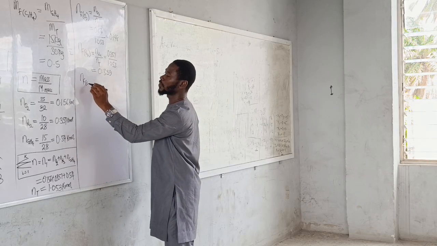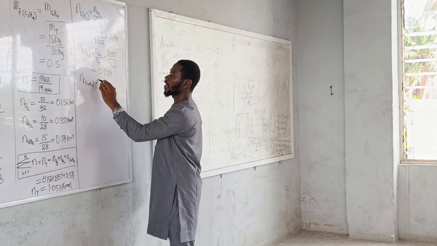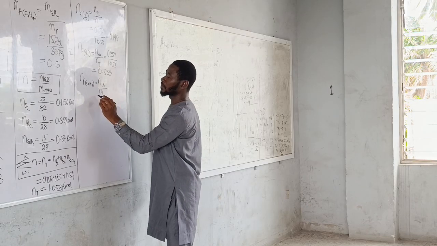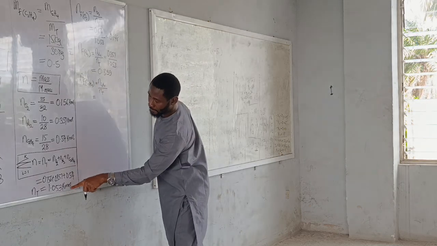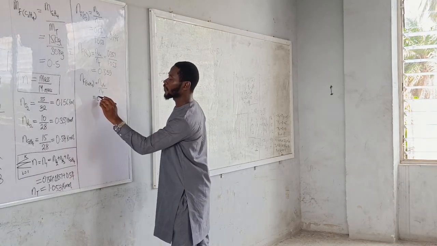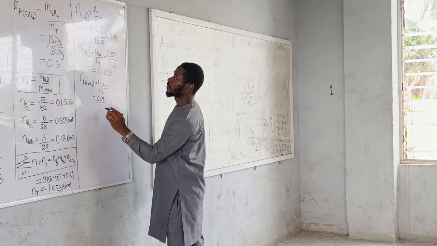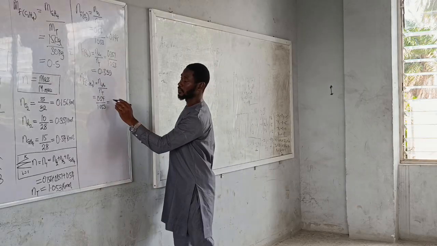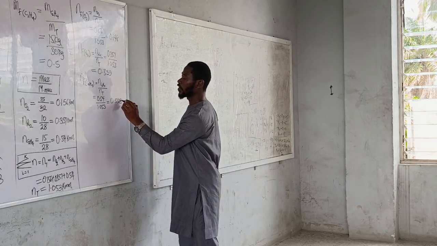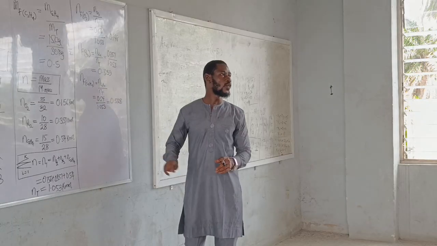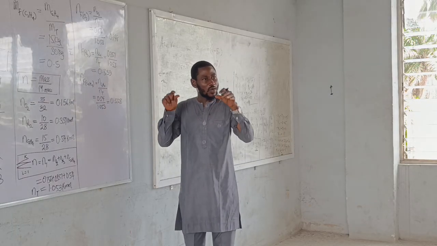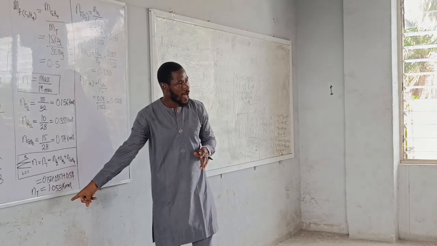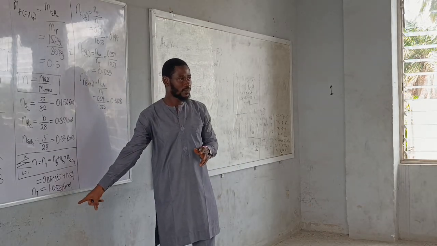And the mole fraction of C2H4: we have N C2H4 divided by NT, which is 0.54 divided by 1.053. And the value is what? 0.5128. Note, when you add the mole fractions of each of the constituents of the gas mixture together, they must give you the total, 1.